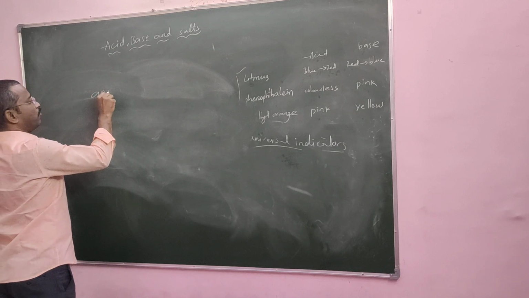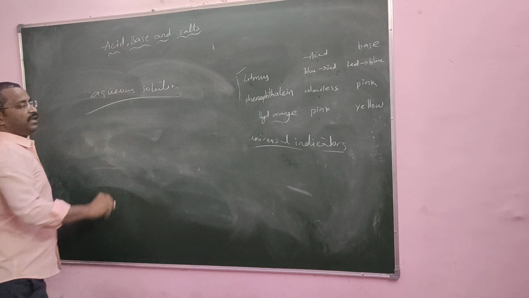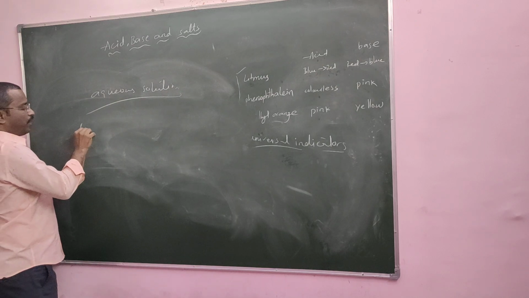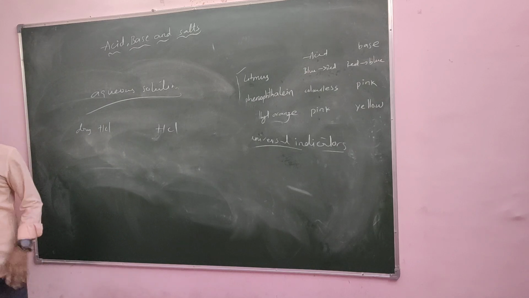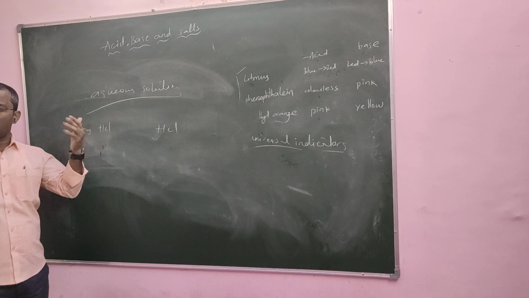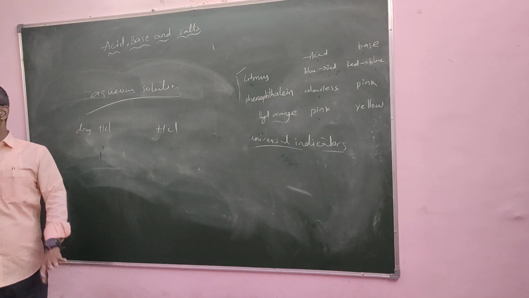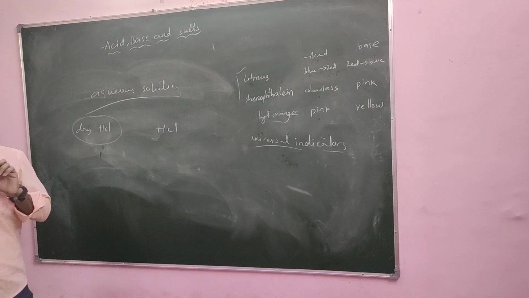What do you mean by aqueous solution? See, for example, I am going to take dry HCl. When you try to test it with litmus paper, methyl orange or phenolphthalein, you cannot find any color change because this is not aqueous. Aqueous is nothing but a combination with water.